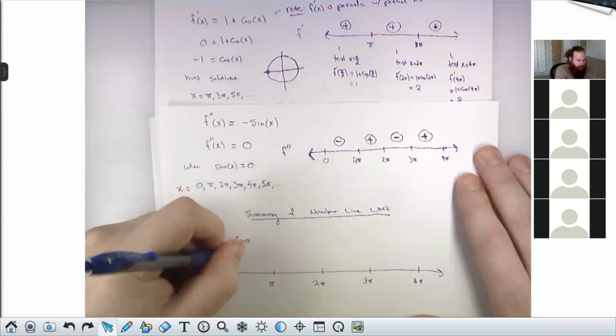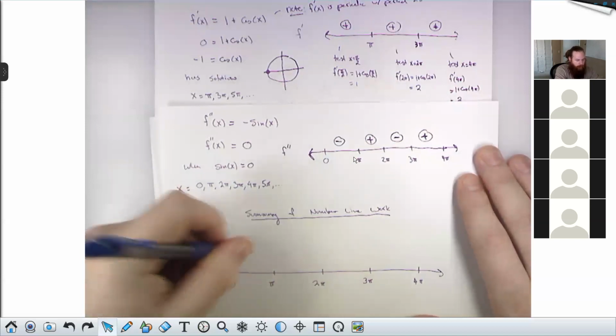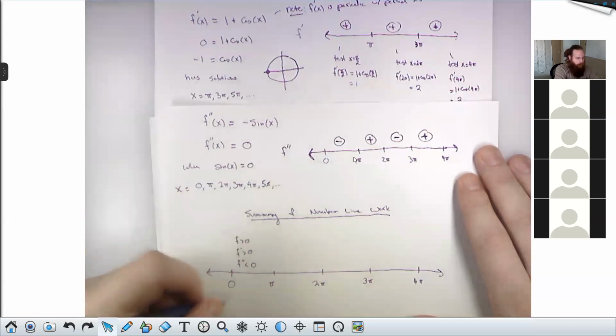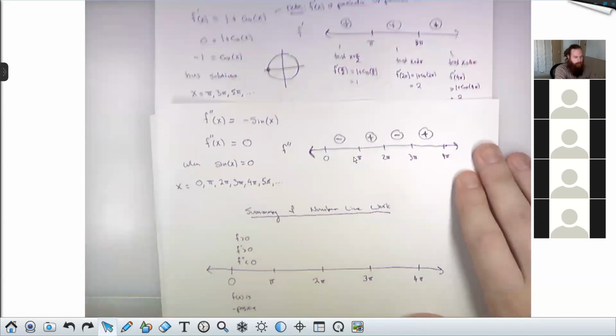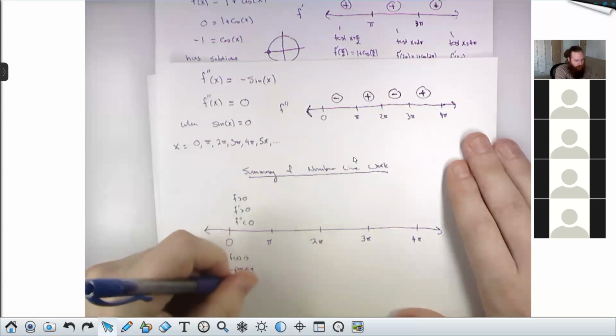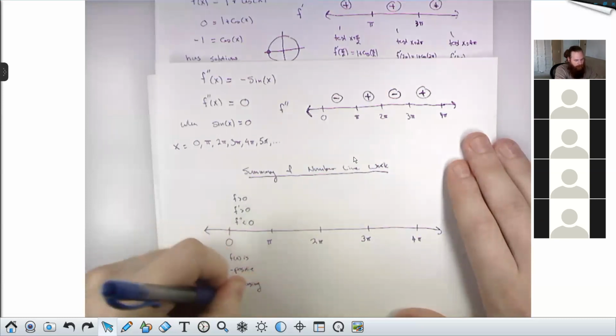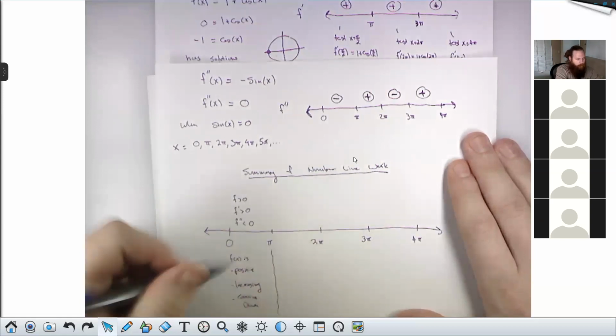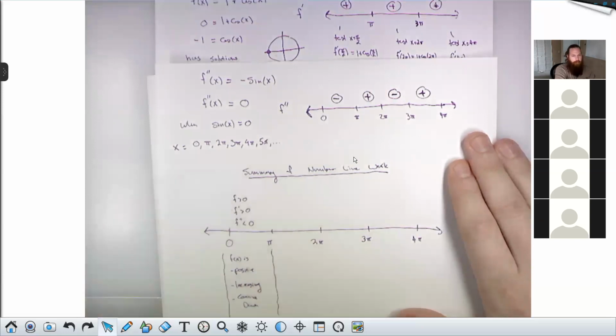So f is positive, f prime is positive, f double prime is negative, which means we are here: f of x is positive, increasing, and concave down. That's between 0 and pi.